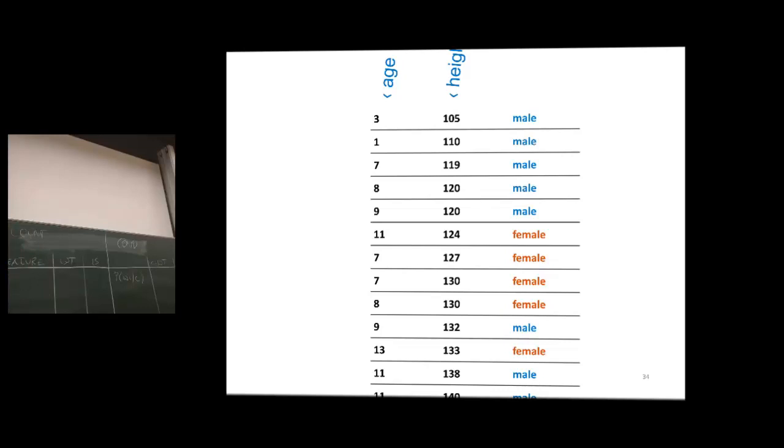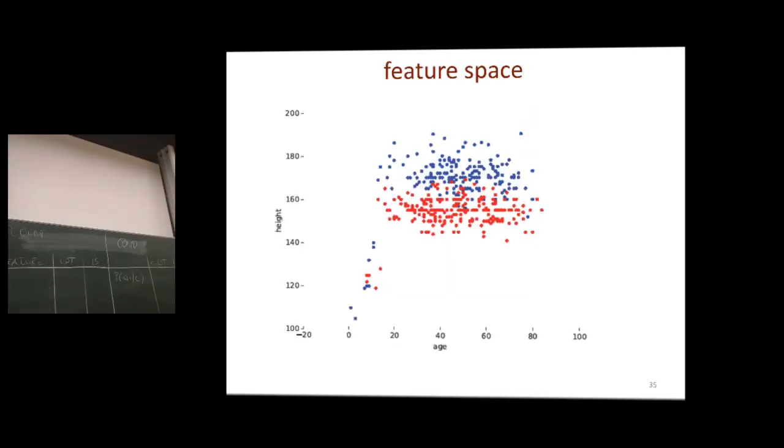And the colors give us the class that they belong to. Here this line is all the 40-year-olds, this column is all the 40-year-olds, and the rows are the people with the same height.